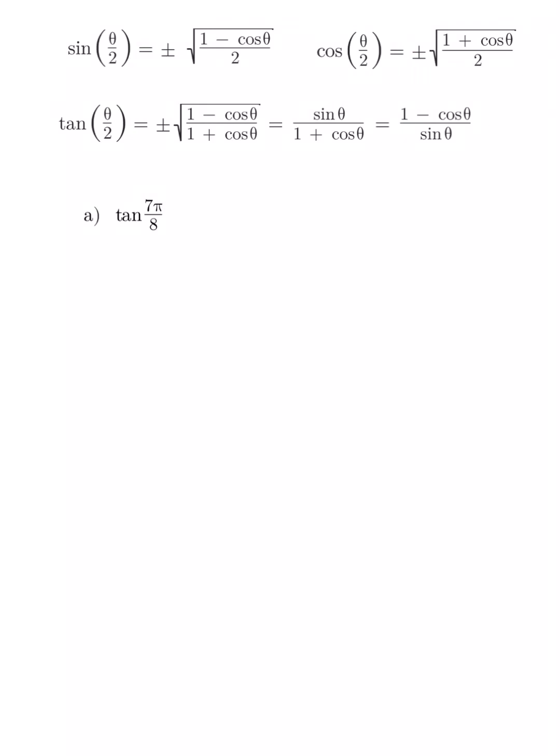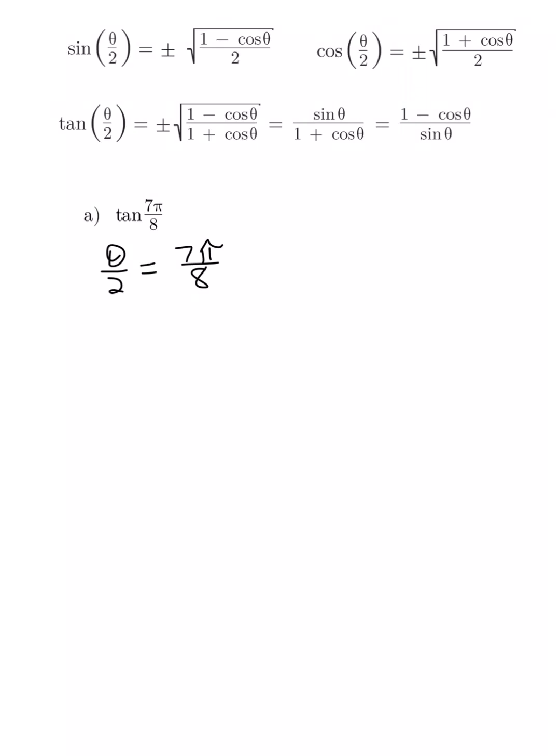To help us figure out what that is, we're going to set up an equation where theta over 2 equals the angle measure that we are given, 7 pi over 8. We need to solve this equation for theta, because in our formulas, what is required of us is theta.